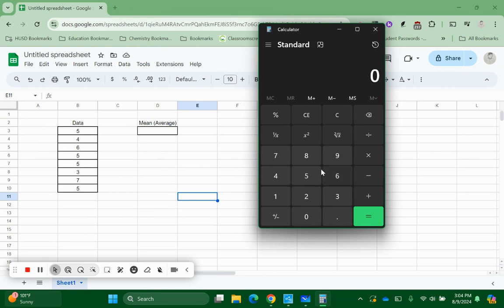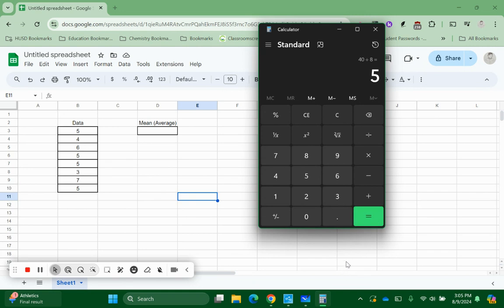If I were to add up all these data points, 5 plus 4 plus 6 plus 5 plus 5 plus 3 plus 7 plus 5, I'm going to get 40. Now there's 8 data points, so I'm going to divide it by 8, and boom, my mean is 5.